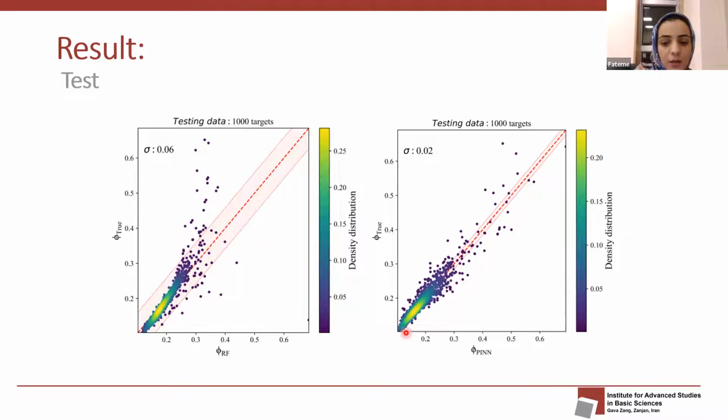So we compare pin and random forest on the test set. As you can see in random forest, again, the predicted potential of higher potential was not good at all, although the pin-based model worked well.